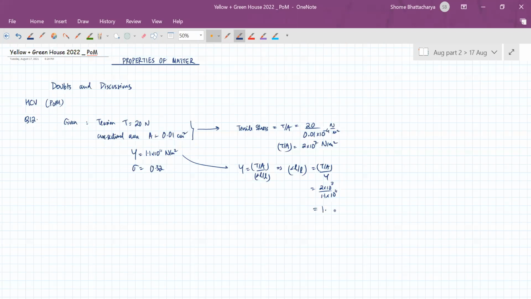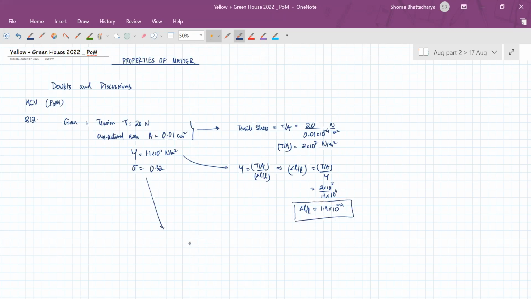Actually, when you approximate it, it will become 1.9. So this is our longitudinal strain.